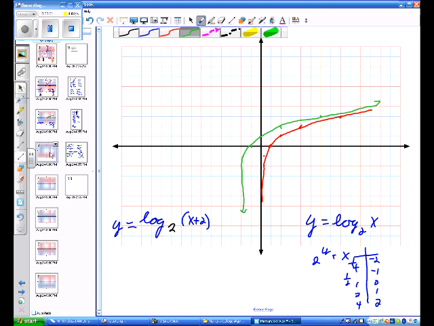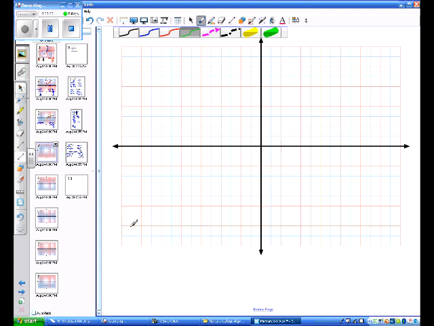If we wanted to graph y is equal to -2 log base 2 of x, well, we would take our basic log base 2 of x, which we just went through and did. We had at 1/4 we were -2.